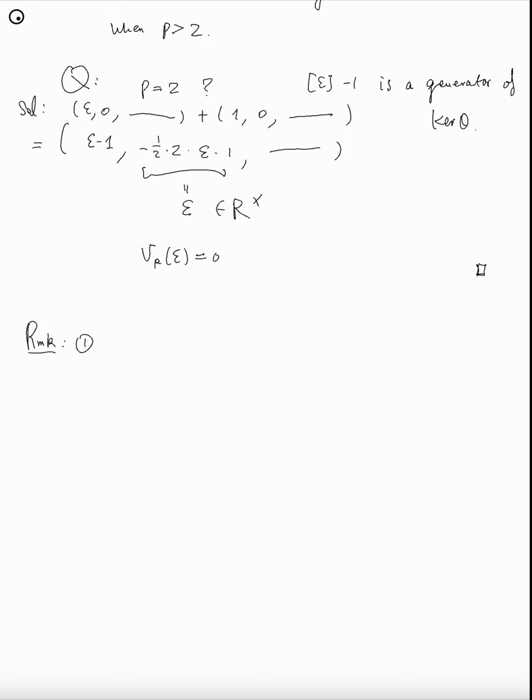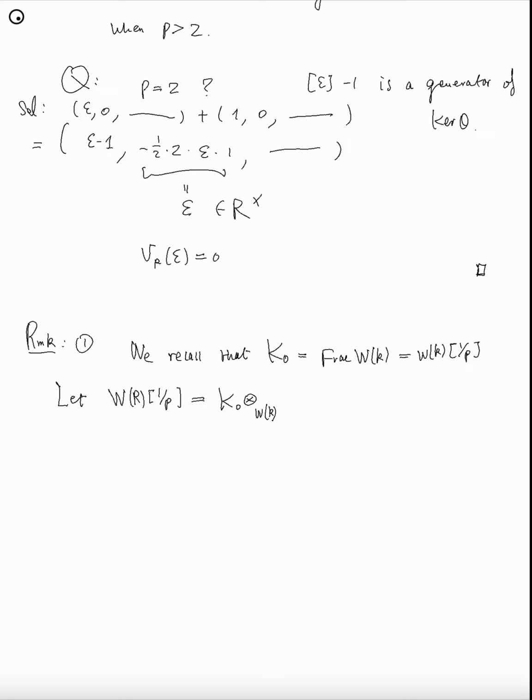Firstly, we recall that K0 equals the fraction field of the doubling K. It's maximally ramified between Qp and K. Let WR invert P. WR is still a p-adic discrete valuation ring with uniformizer P, so just invert P.